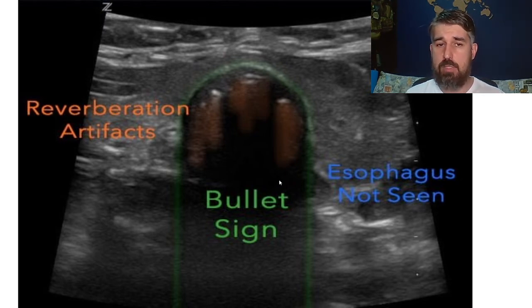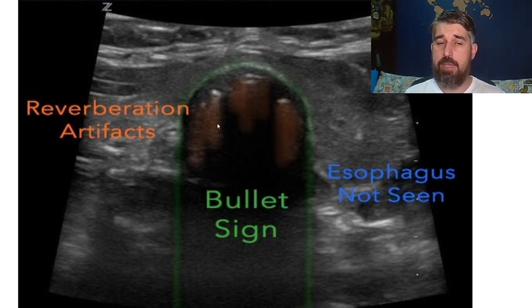So we see this black sphere, that is the trachea. We know that air is not a very good conductor for sound. That means we have this image and sound doesn't go very well past it. So we have a shadow behind it, doing this sign.